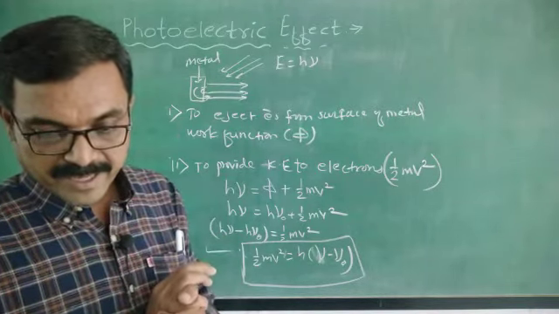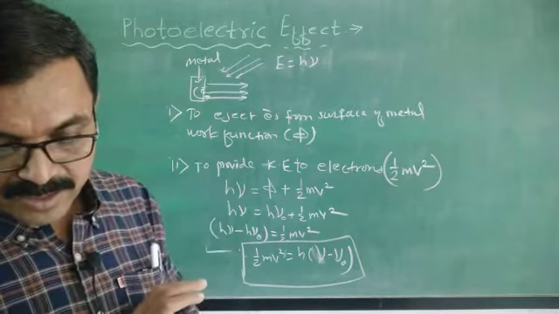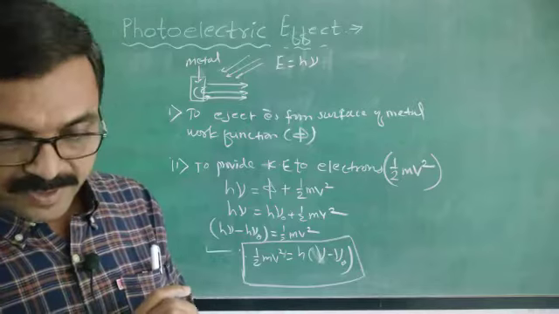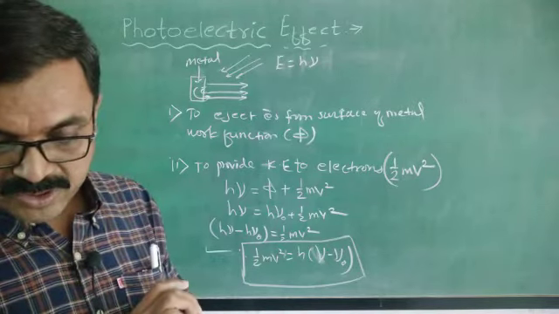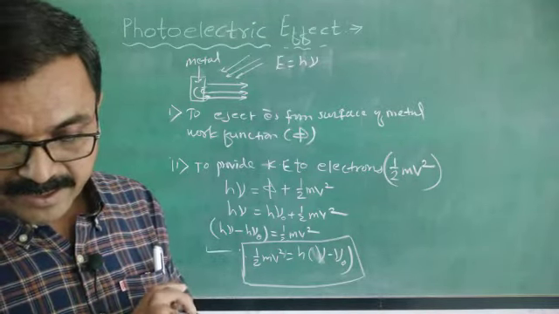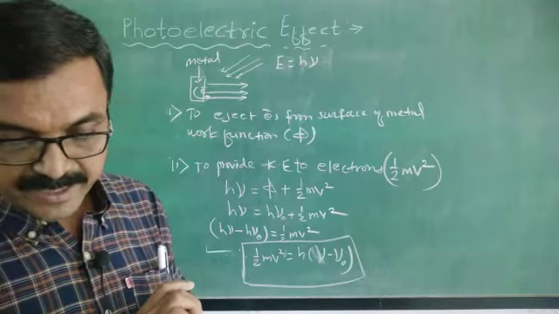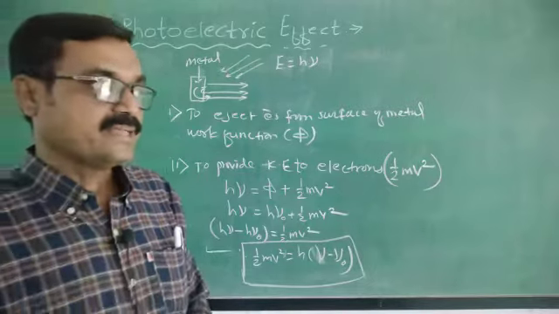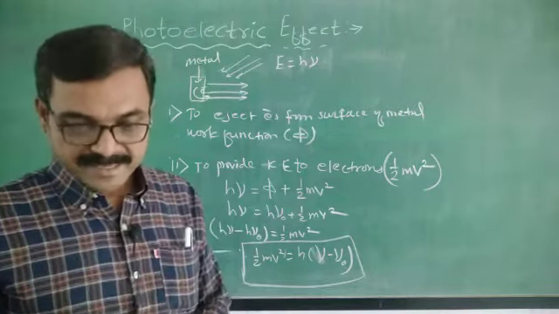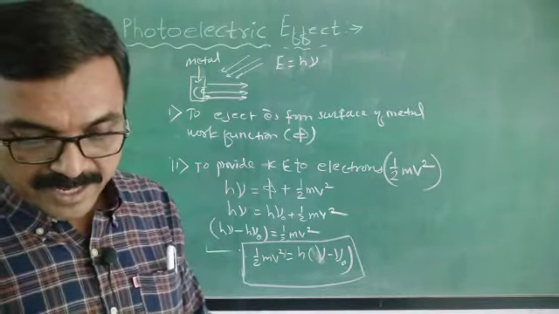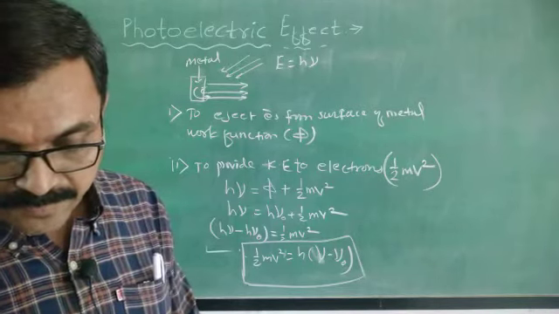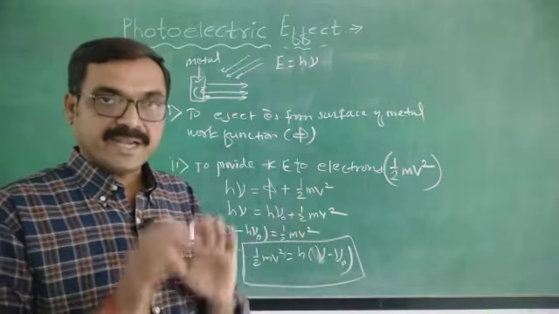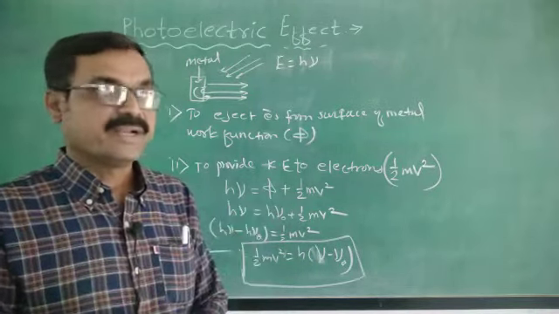Second point, the kinetic energy or one can say velocity of the ejected electrons is independent on the intensity, but it depends upon the frequency of radiation. As the frequency of radiation increases, due to this the kinetic energy of the emitted photoelectrons increases, but independent on the intensity of light.